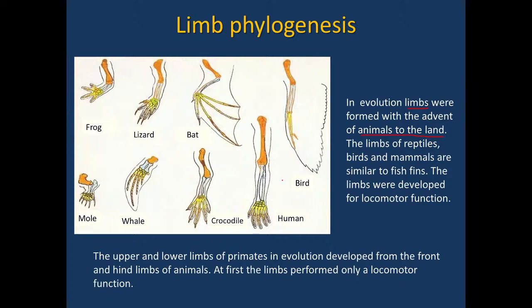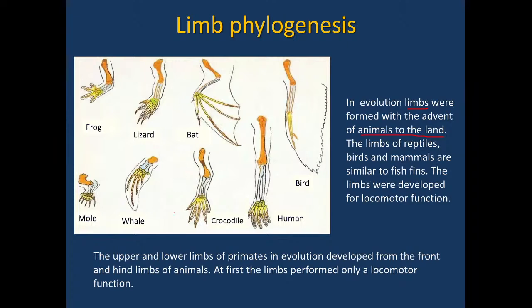Millions of years later, our ancestors, the pre-human animals, of course monkeys or primates, began to use only the lower limb for movement, and the upper limb was freed for labor, for work, in other words.